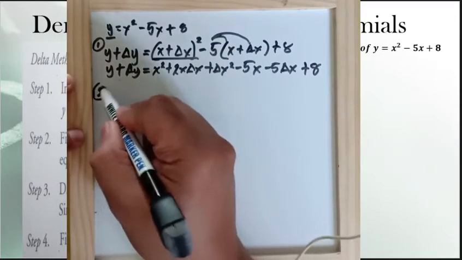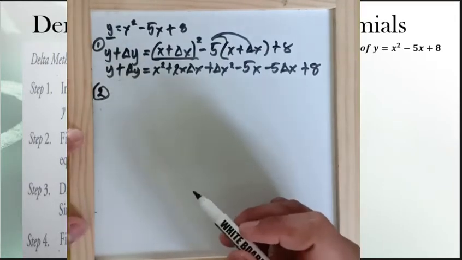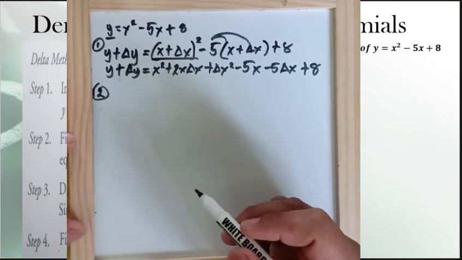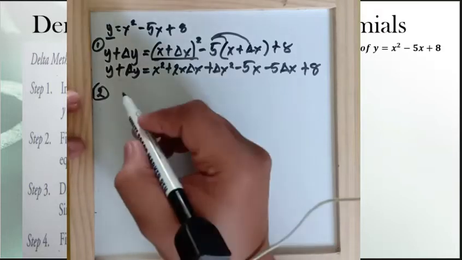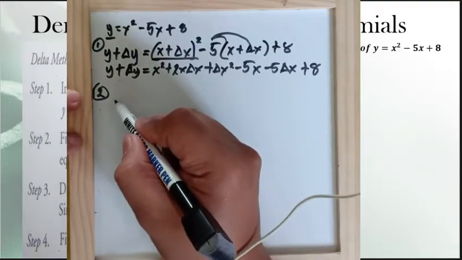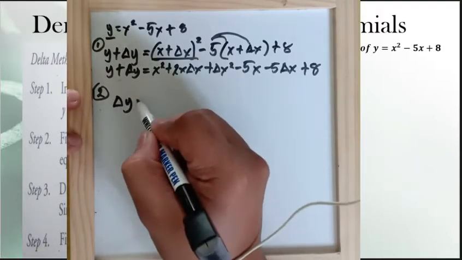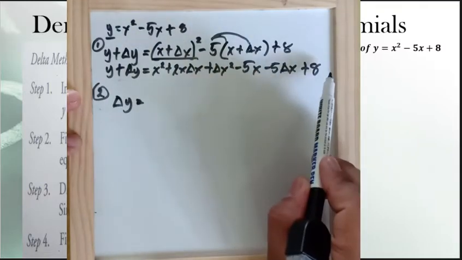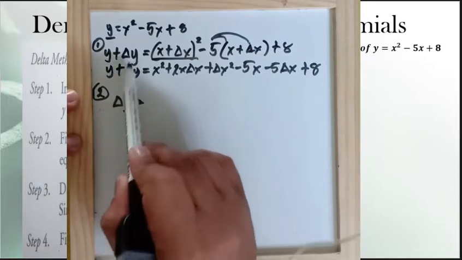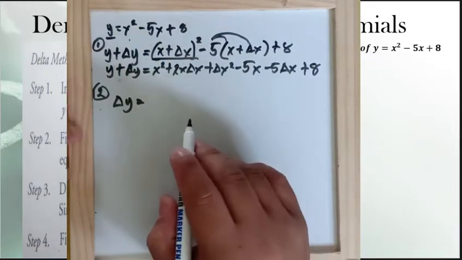Step number 2 is find delta y by subtracting the given equation from the equation obtained in step number 1. So let's find delta y. We just need to transpose that y to the other side and substitute the value of y, which is x squared minus 5x plus 8.